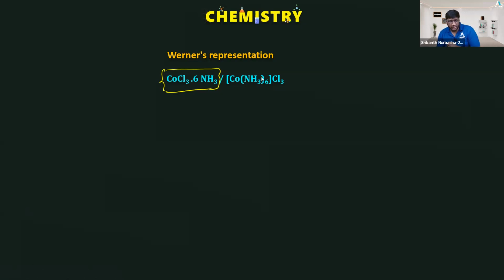A student may ask: how can we say that all 6 ammonia are involved in coordinate bonds and all 3 chlorines are acting as counter ions? Why can't 4 ammonia be involved in coordinate bonds and the remaining 2 be outside as counter ions?